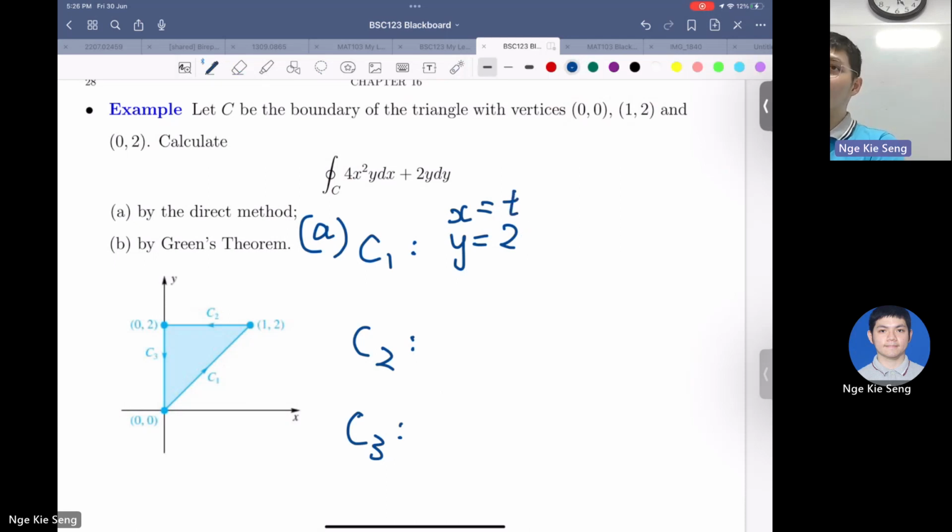Let us put t, don't confuse ourselves. t is going from where to where? 0 to 1. Good. How about C2?